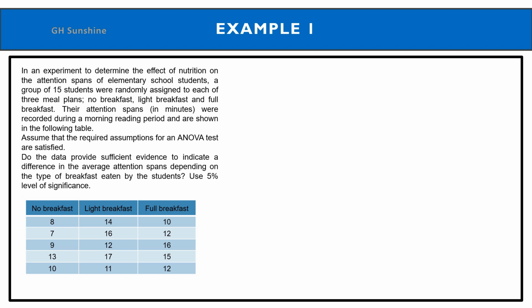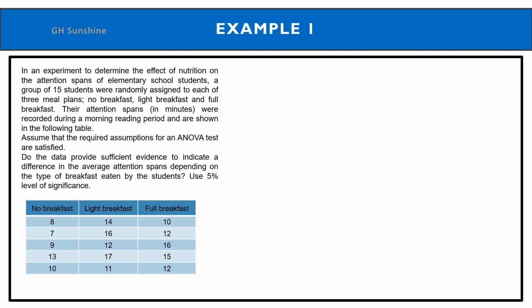Assume that the required assumptions for an ANOVA test are satisfied. Do the data provide sufficient evidence to indicate a difference in the average attention spans depending on the type of breakfast eaten by the students? Use a 5% level of significance.